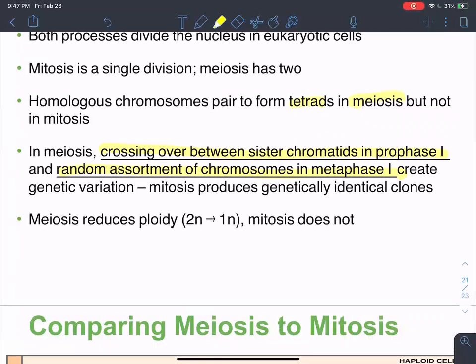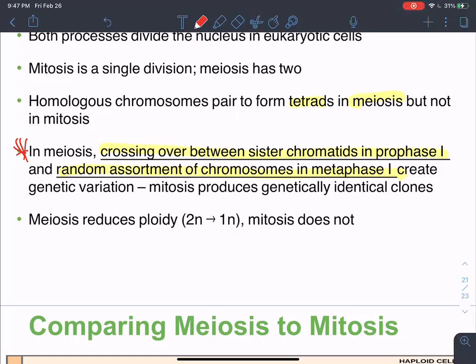So that could be a big test question: where does genetic variation take place during meiosis? Well, it happens during crossing over in prophase 1 and random assortment during metaphase 1. So those are the two areas where genetic variation happens during meiosis. Mitosis produces genetically identical clones. So mitosis is a cell creating two cells that are identical to each other.